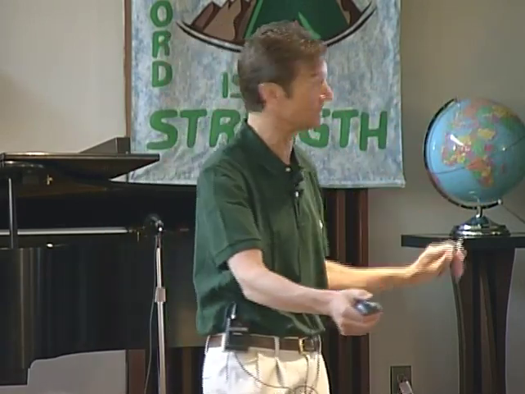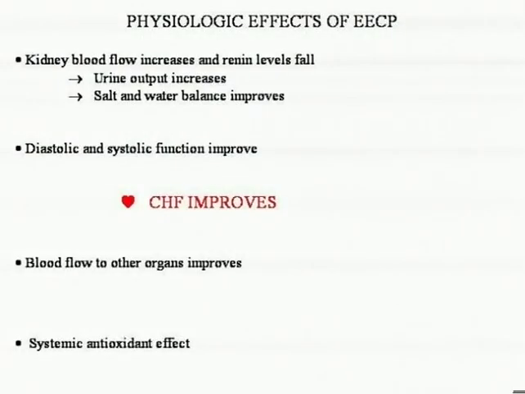Supply of oxygen increases, the demand for oxygen decreases, angina is relieved. Kidney blood flow increases, renin levels fall, urine output increases, salt and water balance improve, diastolic and systolic function of the heart improve, thus external counter pulsation is helpful in congestive heart failure. Blood flow to other organs improves, and there's a systemic antioxidant effect.